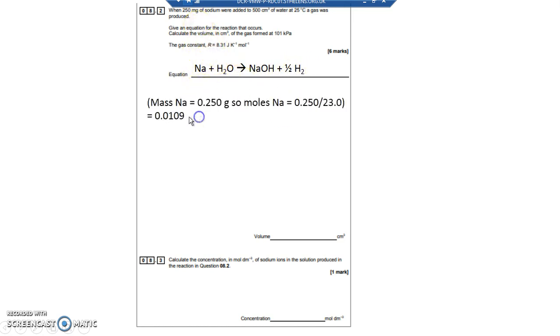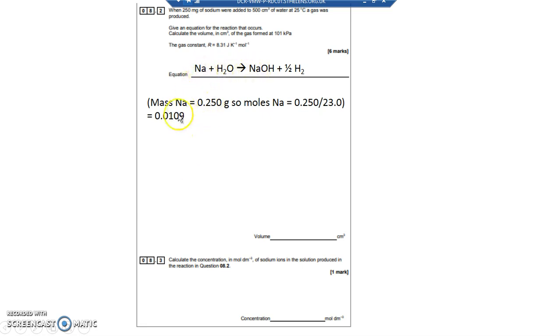Then what happens? We've said we've got 250 milligrams or 0.25 grams of Na. We know the Mr of sodium is 23. We can look that up in a periodic table. So moles equals mass divided by Mr. Mass is 0.25 divided by 23. So I've got 0.109 moles of sodium.